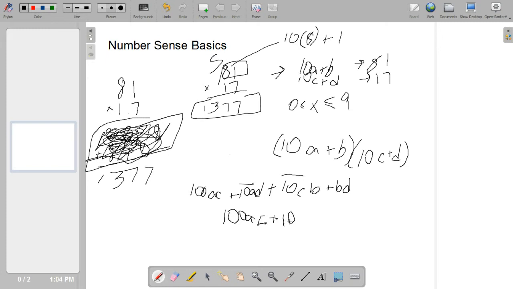I know some of them have b and d, but that doesn't really matter. So now we factor out the 10 and we rewrite it: 10(ad plus cb) plus bd. Okay. So our answer in this case was 1377.